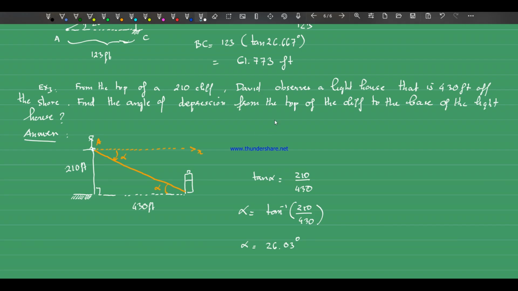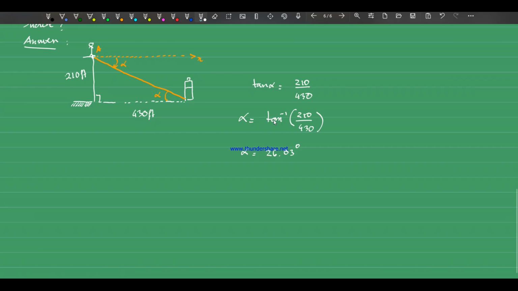Okay, now the next terminology I want to introduce is bearing. Bearing is just one of the special positions of the angle. That's all.